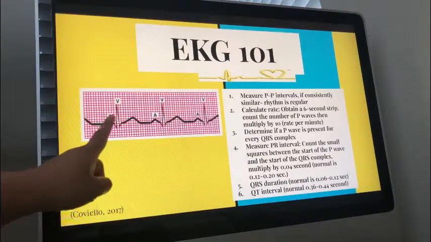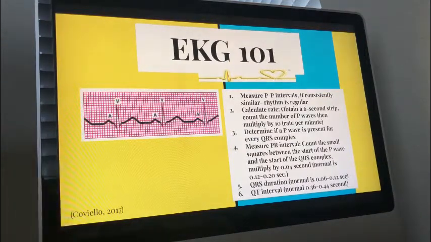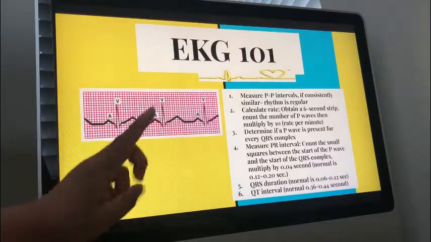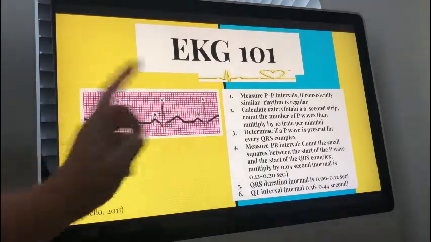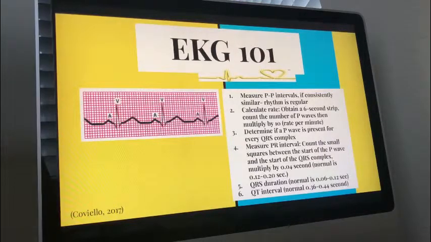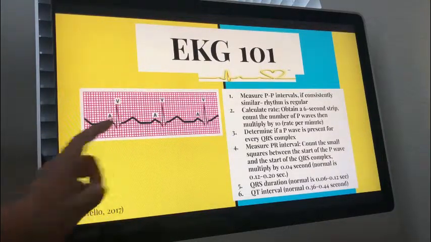To measure the P to P intervals, if it's consistent, then the rhythm is regular. Then you calculate the rate by obtaining a 6-second strip, count the number of P waves, then multiply by 10 to get the rate per minute. And then you determine if a P wave is present for every QRS complex.